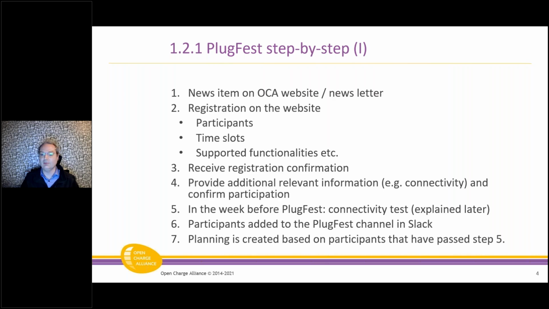For those of you who are not familiar with Slack, that's a communication application which you can use for direct messaging or group chats, and for one-on-one video or phone calls. If you have passed the connectivity test, we also add you to the round-robin planning that is used during the Plugfest. So that's an important step, this connectivity test.